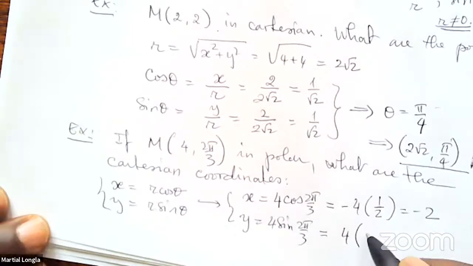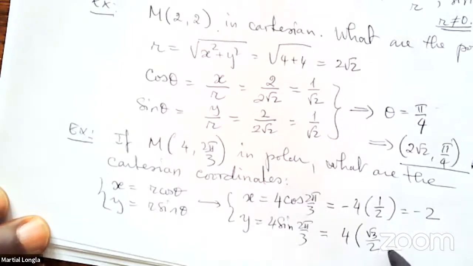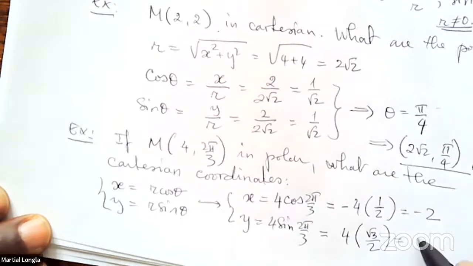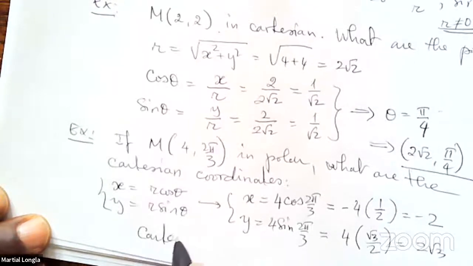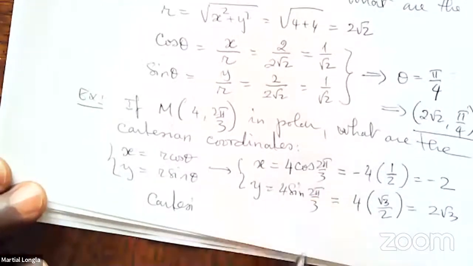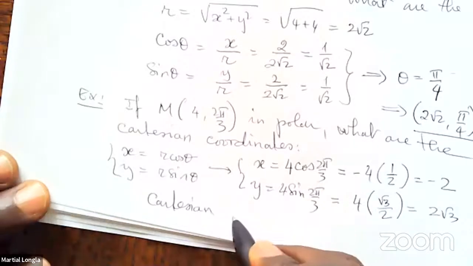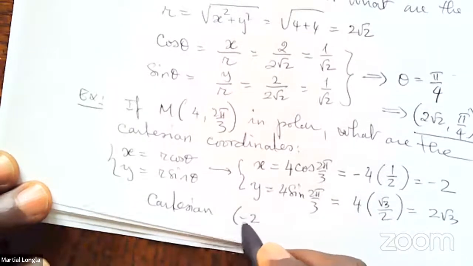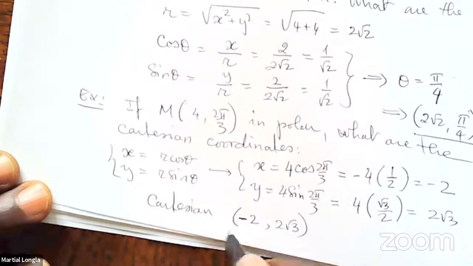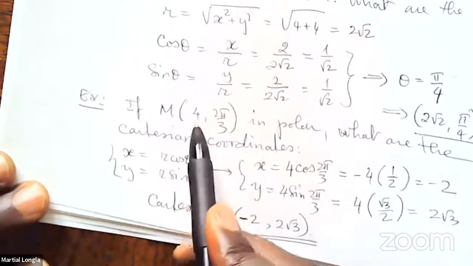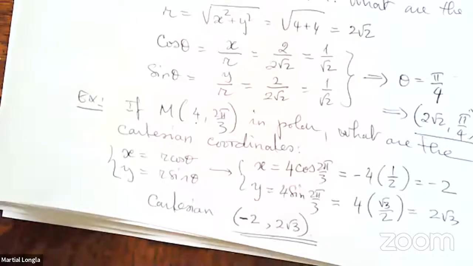And the sine of pi over 3 is root 3 over 2. And so that is 2 root 3. So Cartesian coordinates here are -2, 2 root 3. So this point in polar coordinates corresponds to these coordinates in Cartesian coordinates.